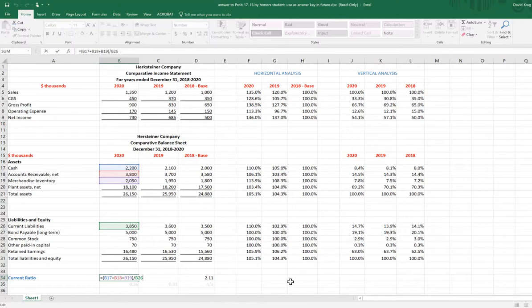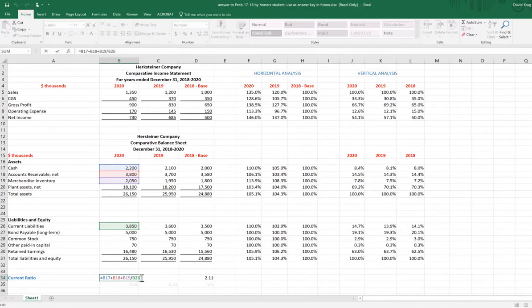If you did not have those parentheses and you put it in your formula like that, it would give you a wackadoodle number. Our current ratio is not 6,000. But see, what it's doing, it's taking B17 plus B18 plus B19 divided by B26.